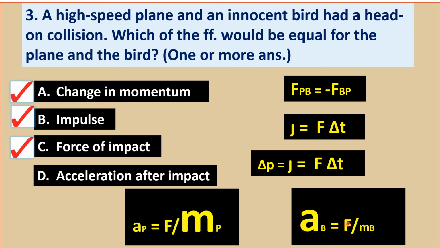If a constant amount of force is divided by a very small amount of mass, small mass will result in a larger amount of acceleration, which is true because during collision, it is the bird that's going to undergo a high change in velocity. We call it acceleration. So the two accelerations therefore are not equal. That's why option letter D was not considered correct.